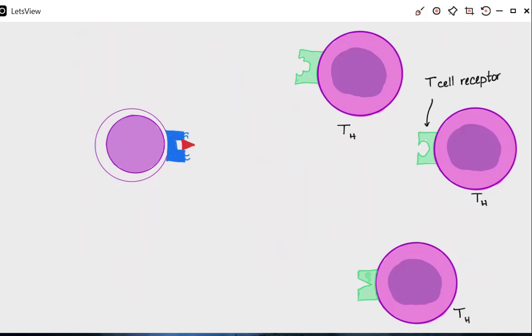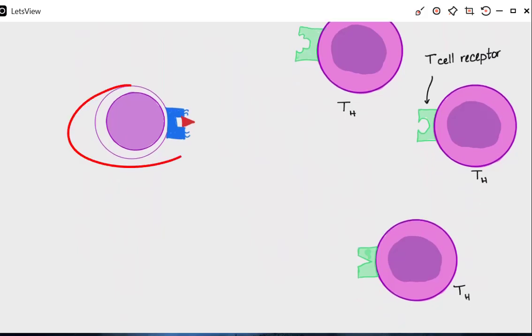So whereas B cells cannot bind to antigen in an MHC case, T cell receptors can only bind to antigen in an MHC case.